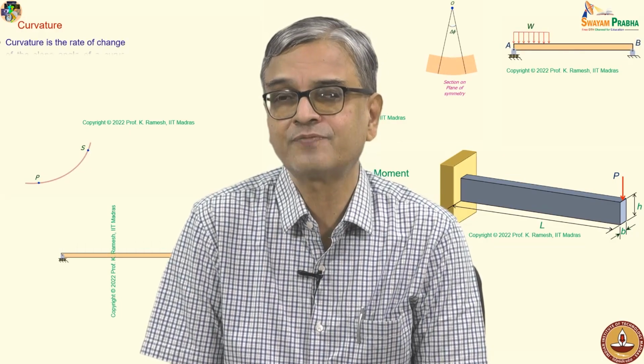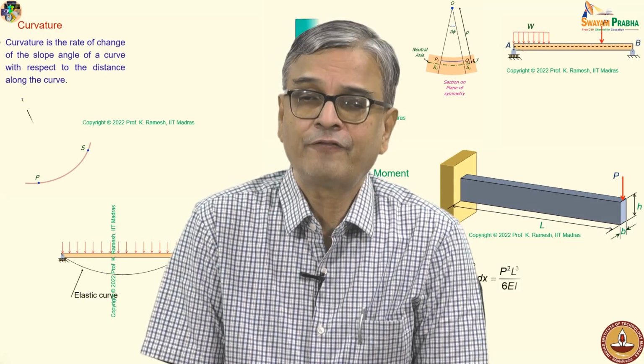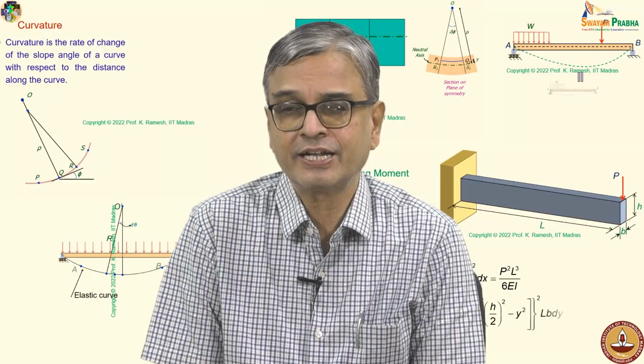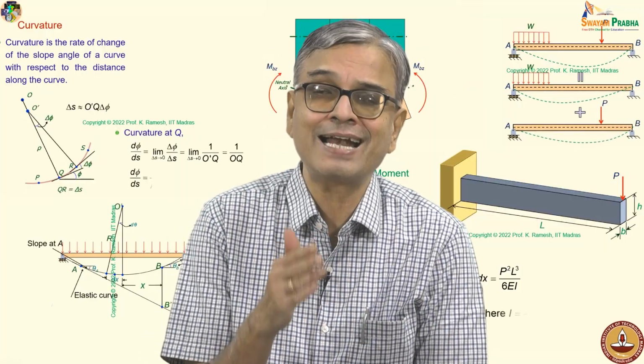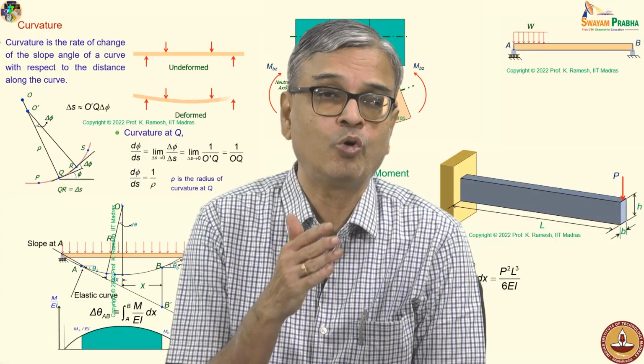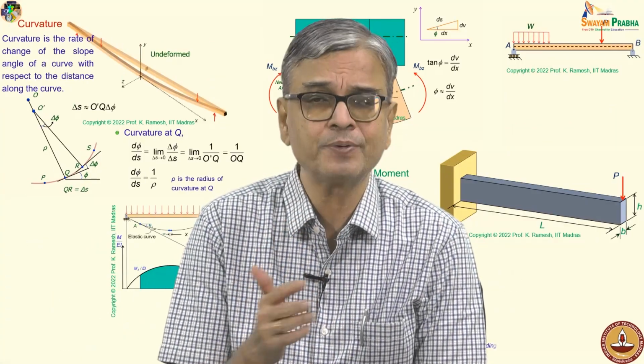So, in this class, we have looked at load deflection curve integration. We have integrated it 4 times, and then we have been able to find out for a statically indeterminate problem what the deflection curve is as well as the slope.